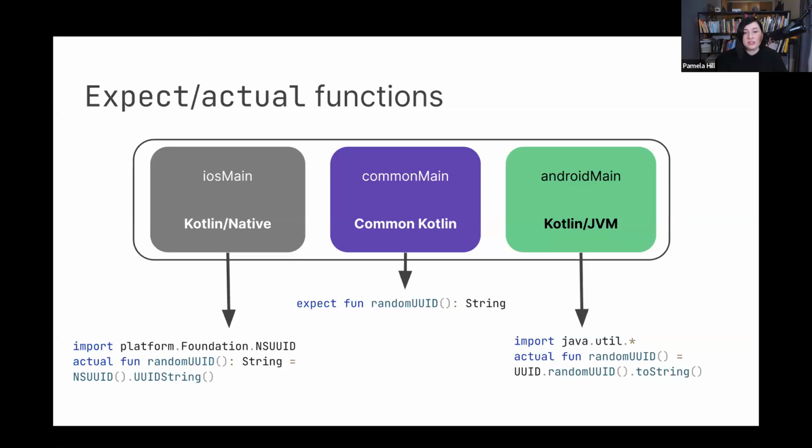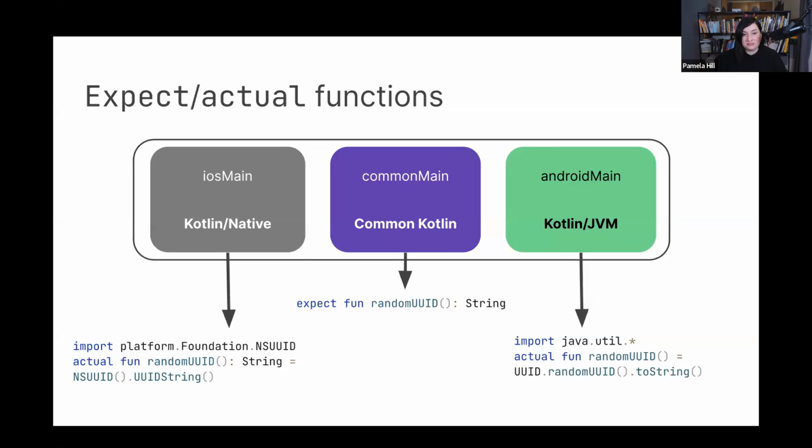Now, something to note that's really important is in common main, you can only have common Kotlin code. So that would be your Kotlin language features and things like the standard lib, and also multiplatform libraries you can use from common main. In Android main, you can use Kotlin JVM, so you can call all the normal Java stuff that you'd like, plus your Android APIs.